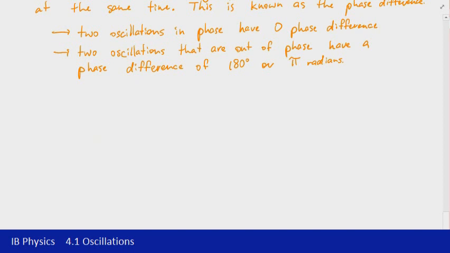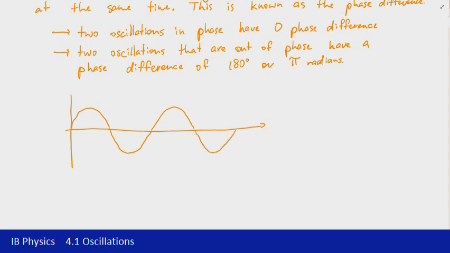The way to think of that is to consider a sine function. So if we had a sine function that looked like this, and then we had another one that was out of phase, it would look something like this. Amplitudes don't necessarily need to be the same, it's just about the time taken. Imagine this point over here corresponds to an angle of 2 pi, and this would correspond to an angle of pi.